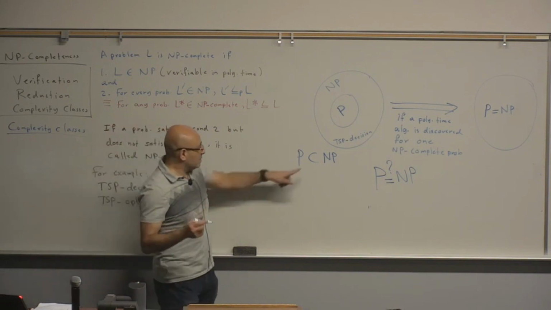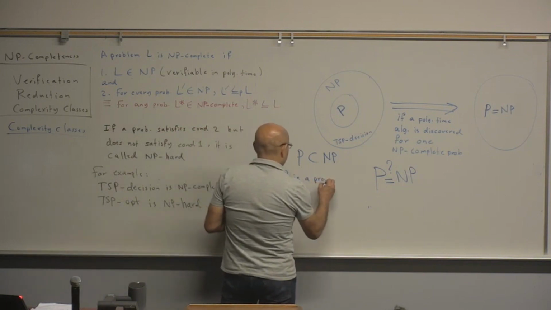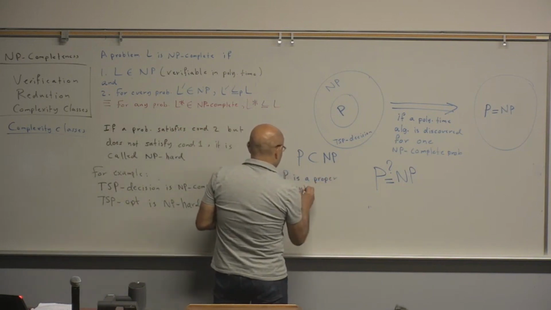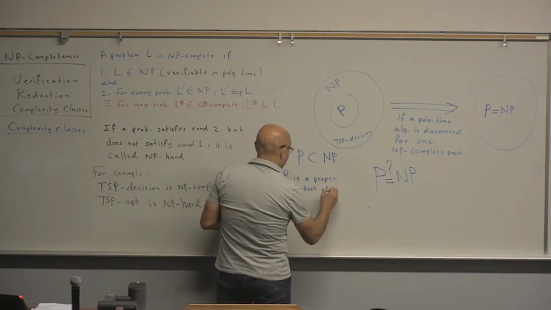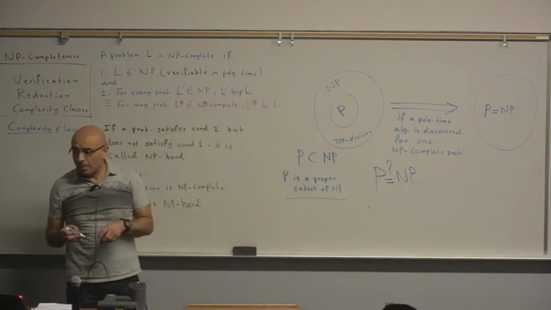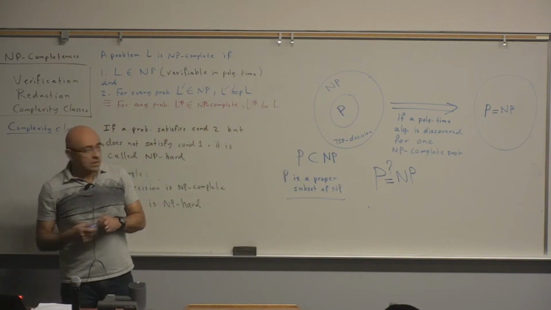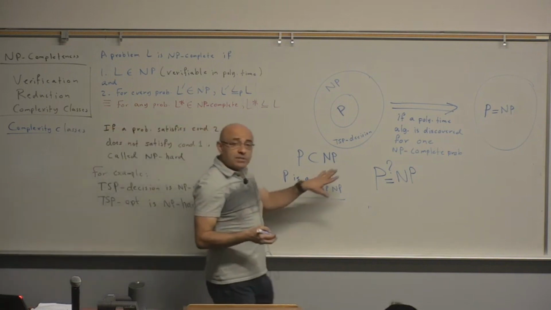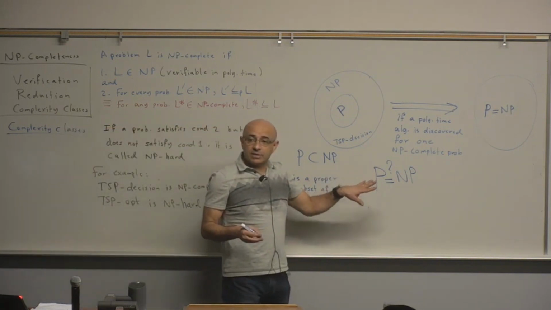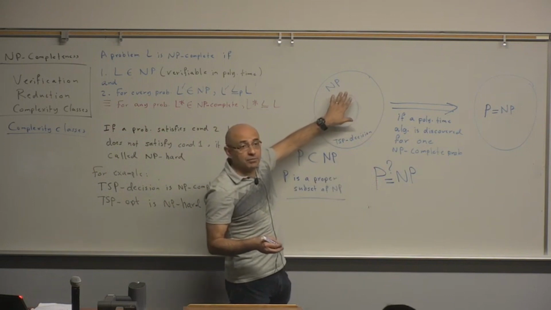So P is a proper subset of NP. Okay? So this is an open question. Nobody knows the answer to this question. Most people think that this is the case, but nobody has been able to prove this.